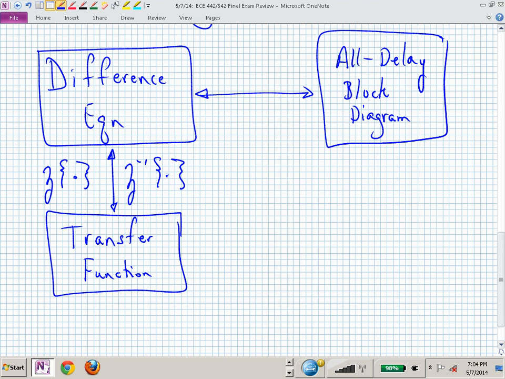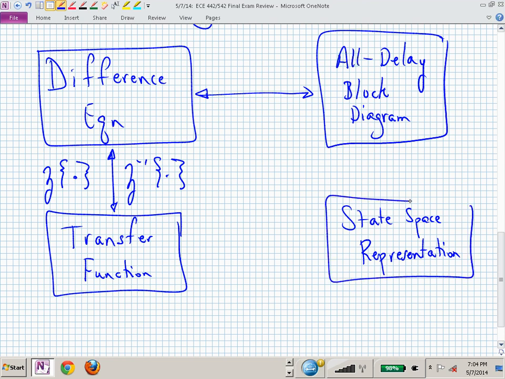And once you have an all delay block diagram, you should be able to obtain the state space representation. Do you remember how you do that?